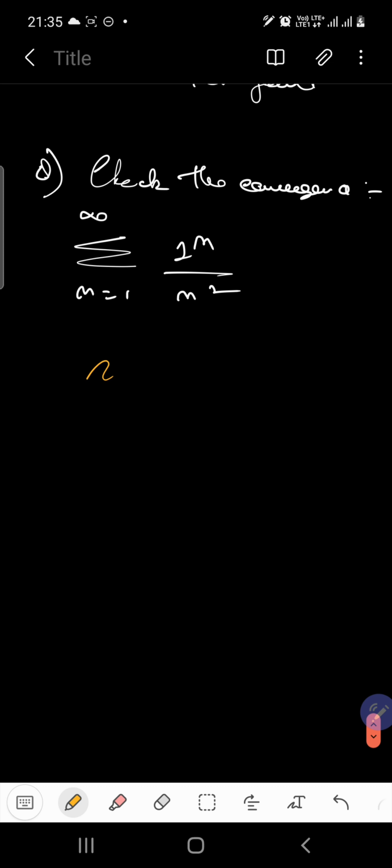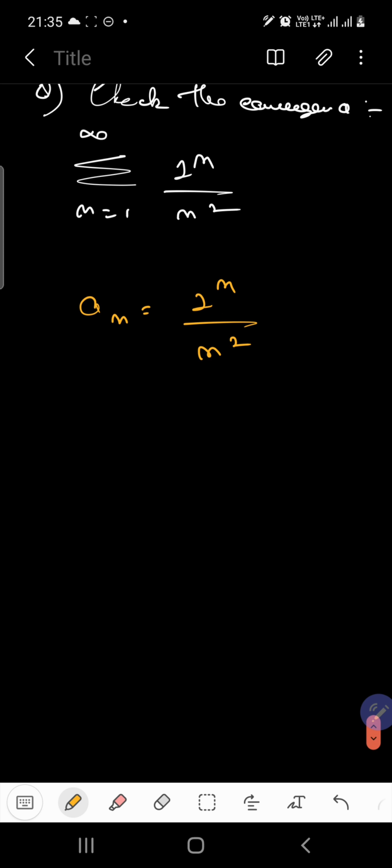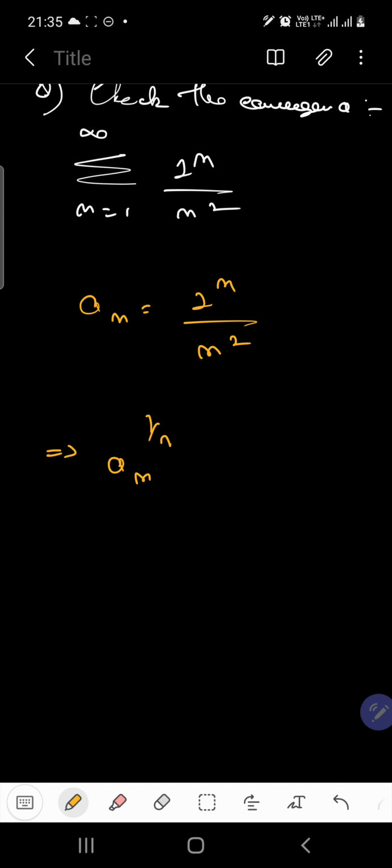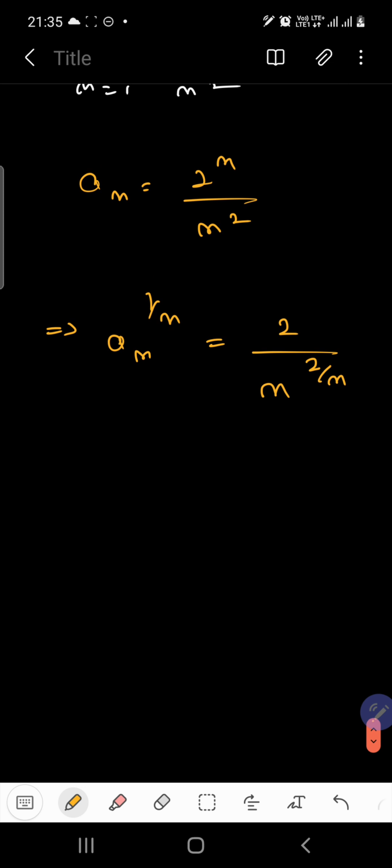Okay. So a_n is equal to 2 to the power n over n squared. Therefore a_n to the power 1 over n is given as 2 over n to the power 2 over n.